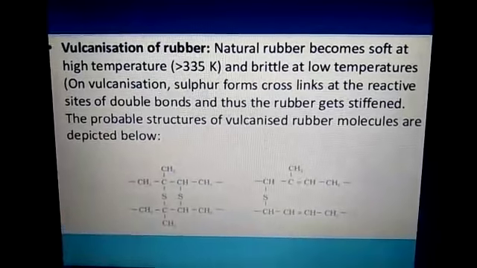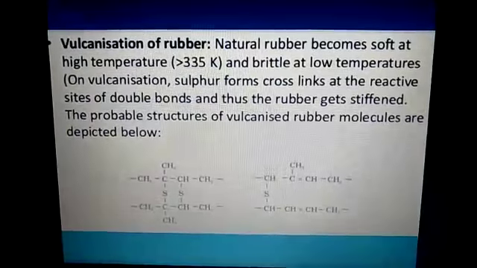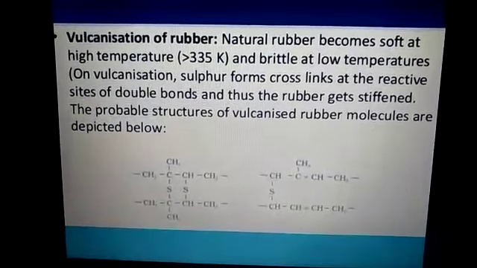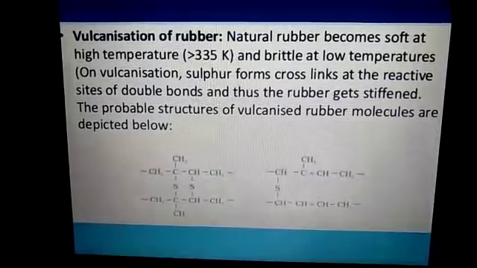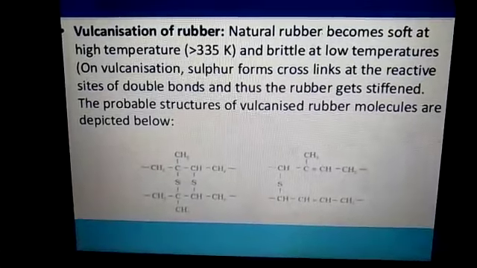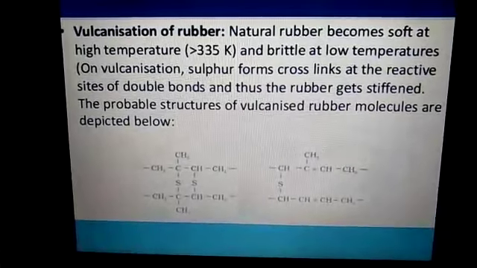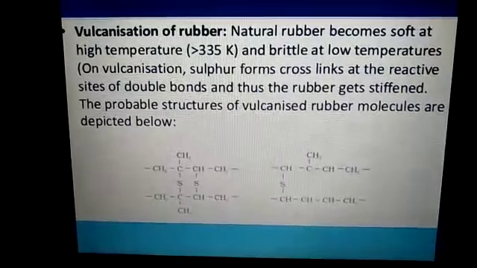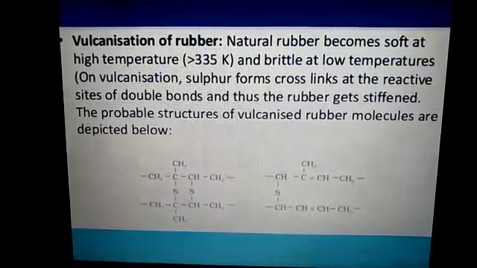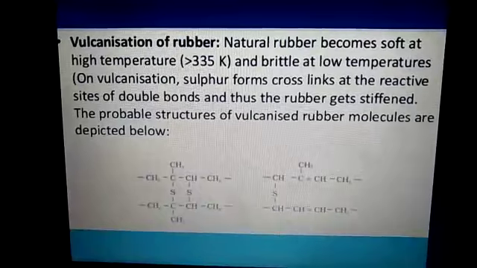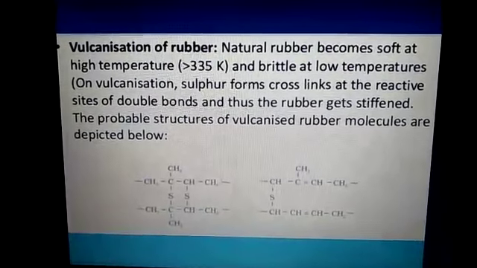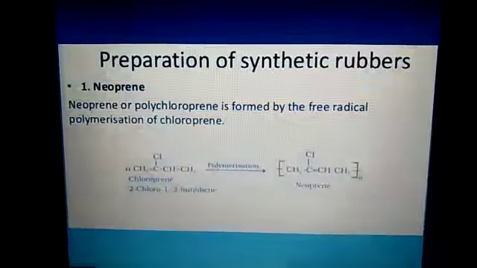After this vulcanization, the following changes take place in the rubber. The rubber becomes hard, much stronger, loses the water absorbing capacity and also possesses a high degree of elasticity.